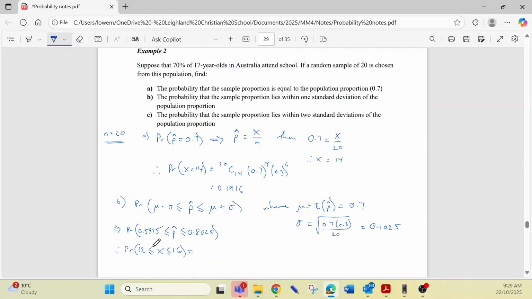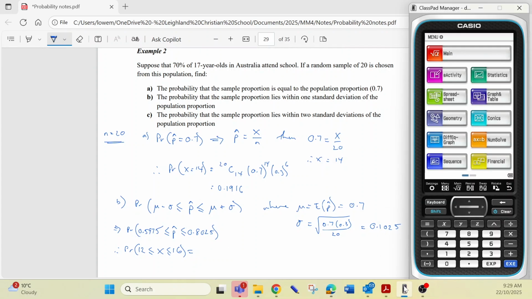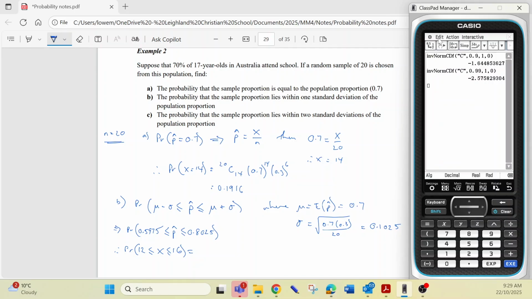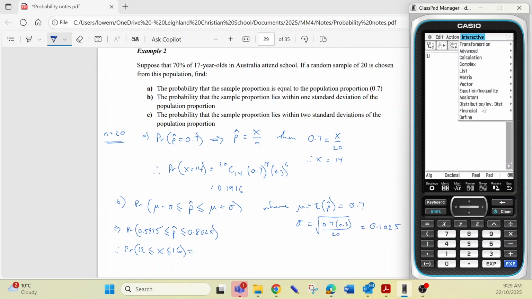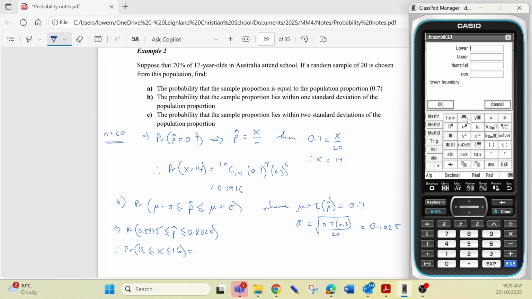Then we can use binomial CDF here. We're going to go with our interactive distribution, discrete, binomial CDF.